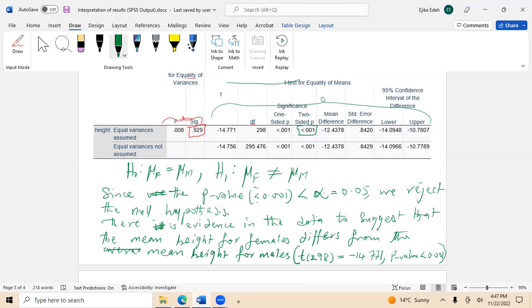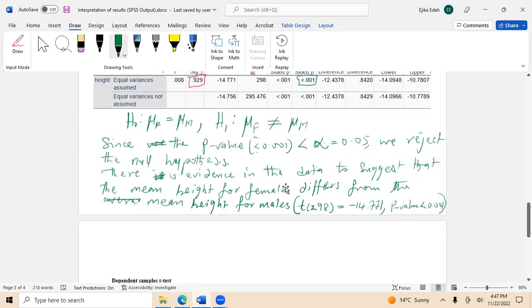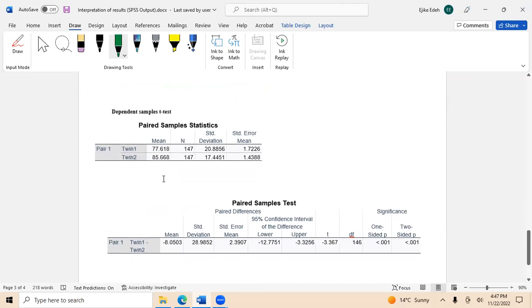This is exactly the same thing we do when you have a paired sample t-test. But notice that for a paired sample t-test, there is no Levene's test. There is no Levene's test because this is a paired sample. The two samples have the same sample size, and if they have the same sample size, the impact of the differences in the variance is usually not significant.